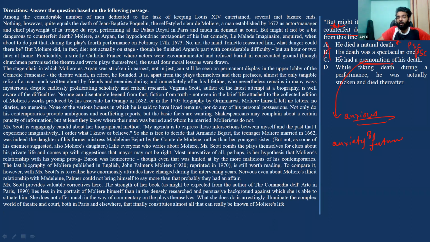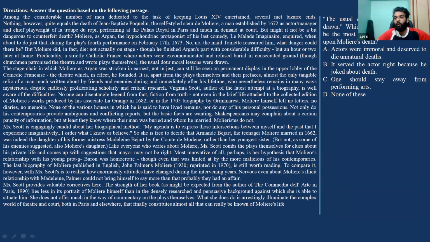So we have to eliminate A, B, C and think about D, while faking death during a performance. Yeah. So this is what faking death actually means. So wouldn't it be dangerous to fake death? Won't you die? This would mean won't you die faking death? Okay. So this literally means won't you die faking death?